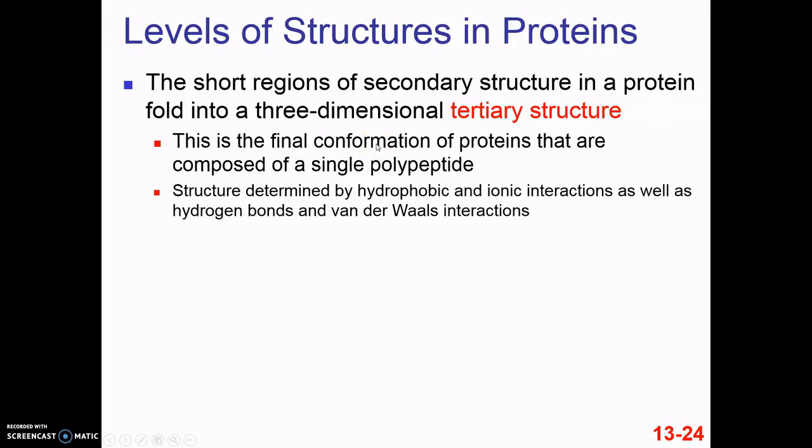Okay, and tertiary structure is just simply when we take these secondary structures and fold them up on themselves and create a three-dimensional structure. This is largely determined by hydrophobic interactions and then ultimately stabilized by ionic, hydrogen bond and van der Waals forces. But hydrophobic is what tends to force it into a particular conformation.